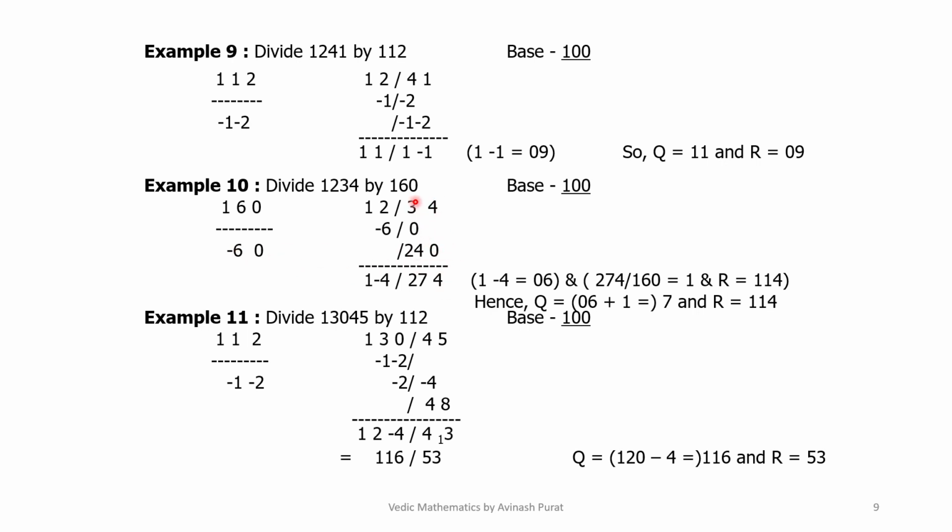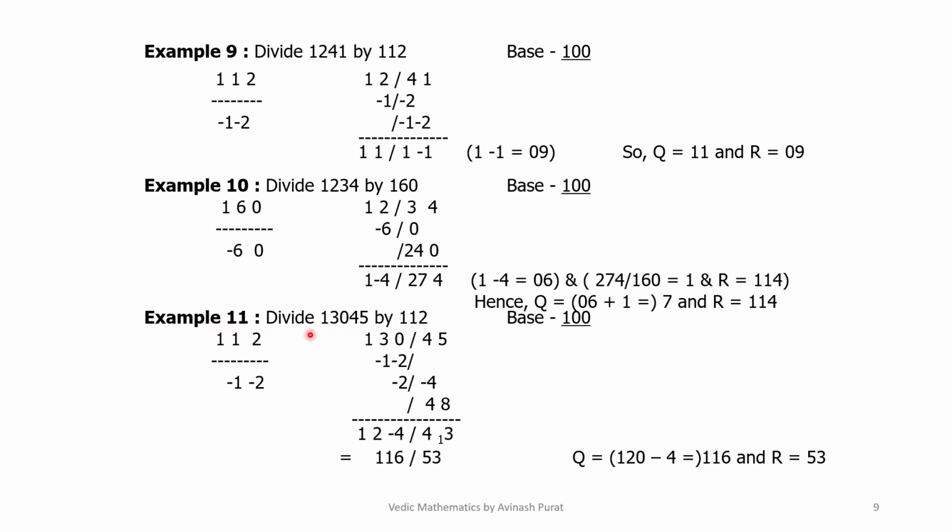So 4, 3 plus 24 is 27. So the quotient is 1 minus 4, that is 10 minus 4 is 6. And 274 divided by 160 is 1, and remainder 114. Hence quotient is 6 plus 1, 7, and remainder 114.